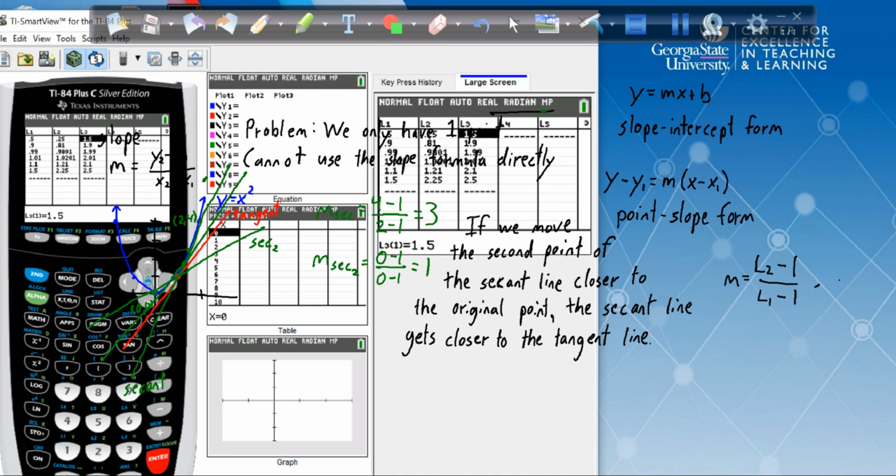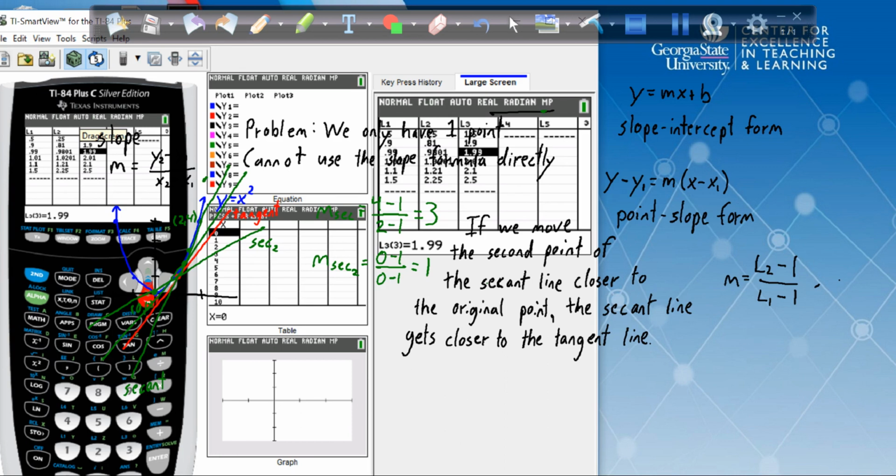What do you notice as we get closer and closer to 1? It gets closer and closer to 2, from both sides. From below it, this 0.5, 0.9, 0.99, as our x value is getting closer to 1, the slopes are 1.5, 1.9, 1.99, all that.